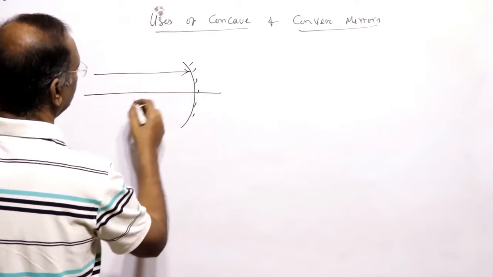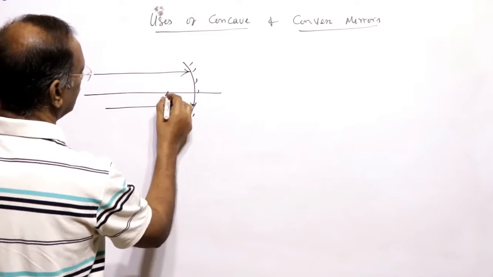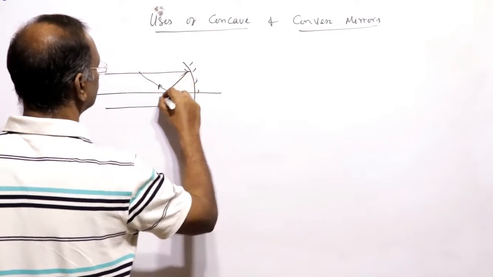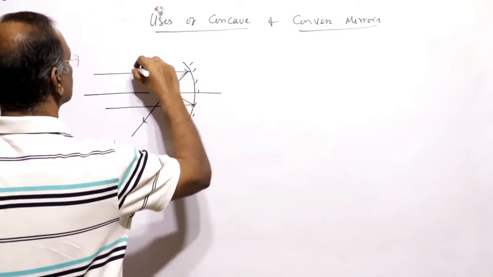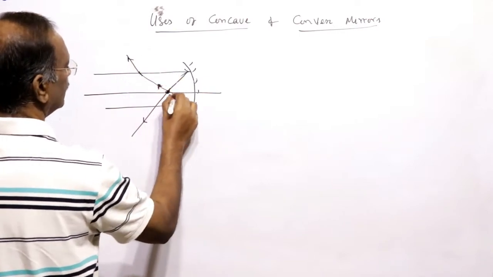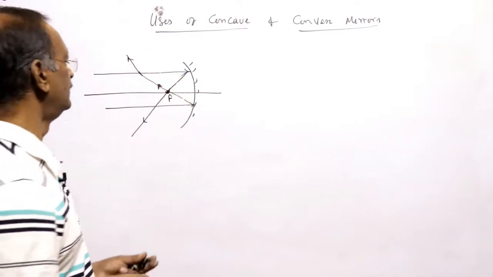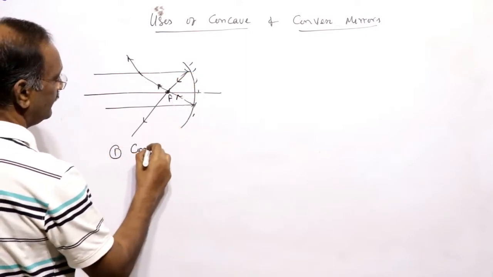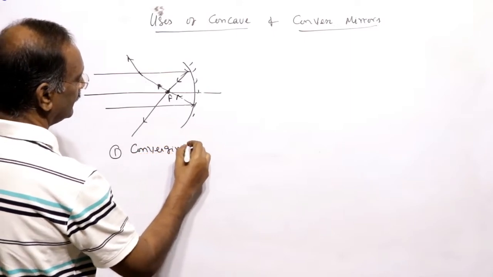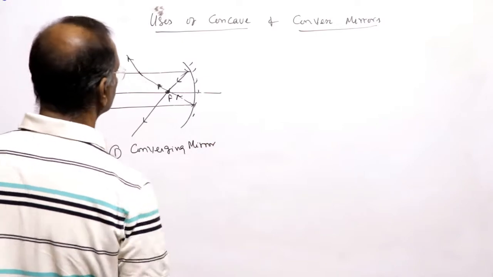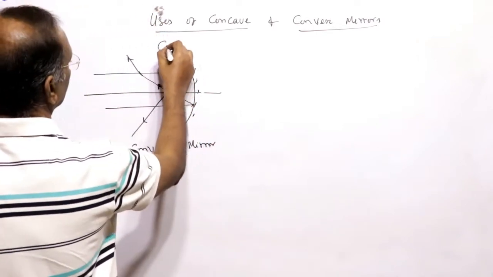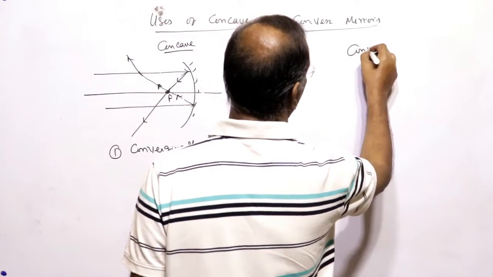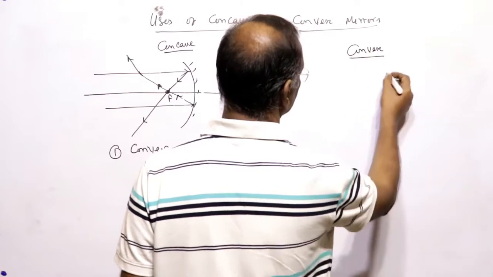Rays coming parallel to the principal axis get converged at a point, that we call the focus. So all the rays are converging, and it is also called a converging mirror. This is a concave mirror. Then the convex mirror.